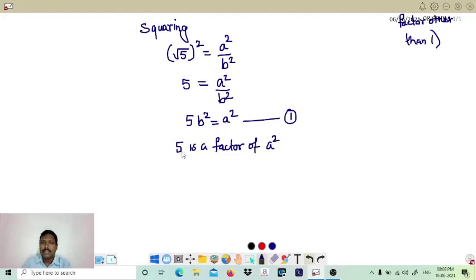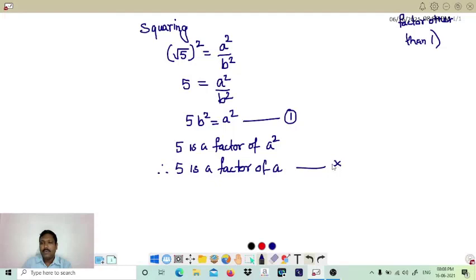So we can say 5 is a factor of a squared. Therefore, we can say 5 is a factor of a also. We got 5 is a factor of a.